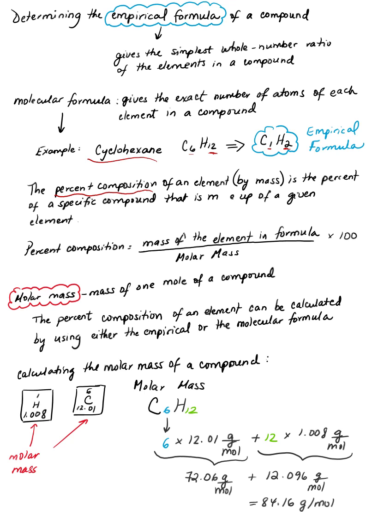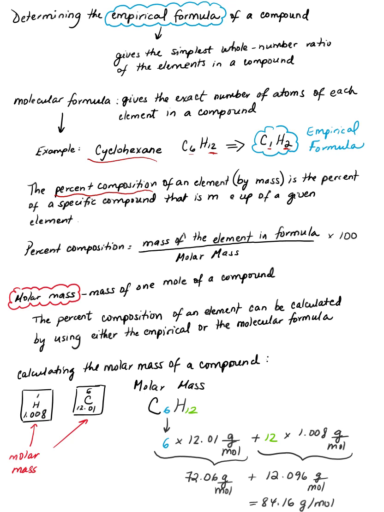So that's what the percent composition is telling you. It will be specific for a specific element in your compound. So I have the formula here, and I will show you with an example. You have the mass of the element in the formula, or the mass of the element that you actually want to find the percent composition for, divided by the molar mass, times 100.